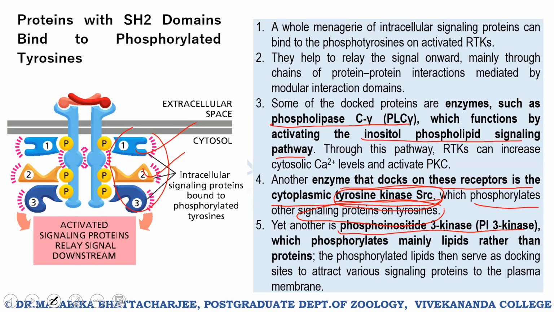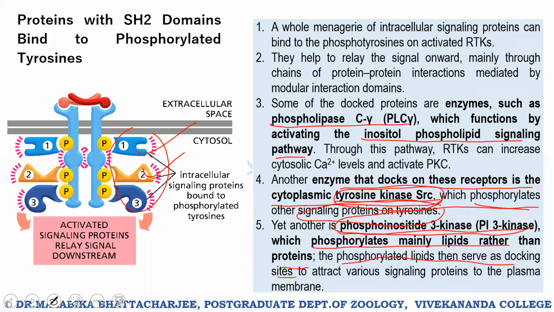When we have docking of a PI3 phosphoinositide kinase on these receptors, there's a difference. They phosphorylate mainly lipids rather than proteins. And these phosphorylated lipids now act as docking sites to attract various signal proteins to the plasma membrane.